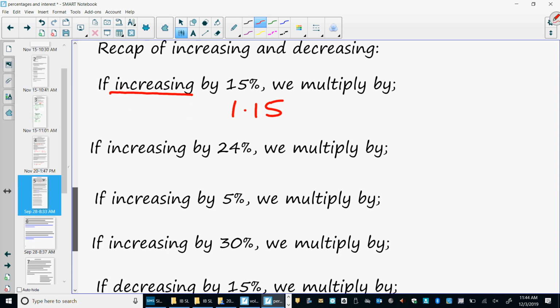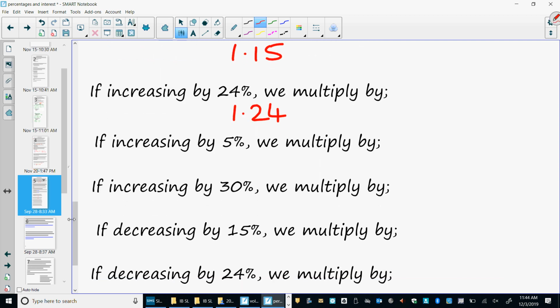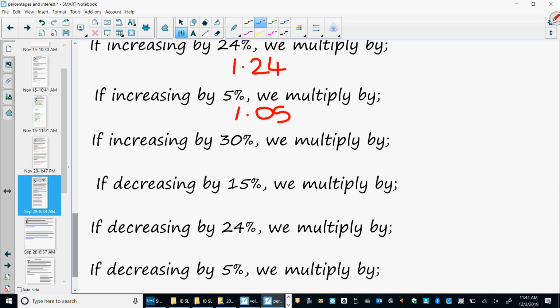If increasing by 24%, Hannah, what would we multiply by? 1.24. Lovely. Amelie, if we're increasing by 5%, we multiply by? 1.05. Good go.